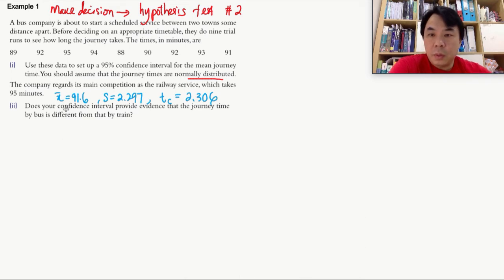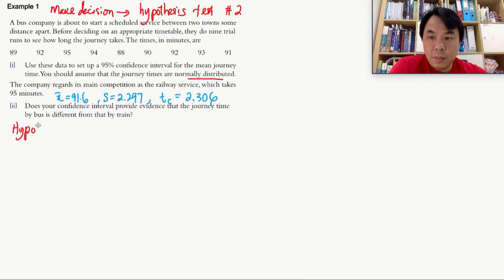Right? Okay. Now from here, before we can actually apply hypothesis testing, we must set up the hypothesis statements. So based on the claim here, we want to check whether the journey time by the bus is different from that by the train itself. So here we are going to write down our hypothesis statement.